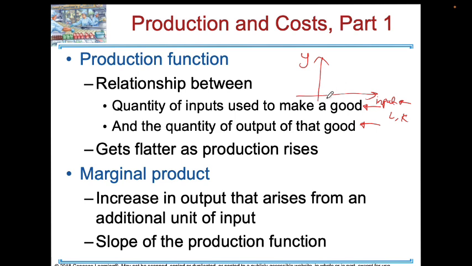And we find that as you add more inputs to come up with an output, the productivity of the inputs basically falls as more and more is being produced. And this idea is called diminishing productivity or diminishing marginal productivity. So for every additional unit of input that you put into the production function, it results in the output increasing.